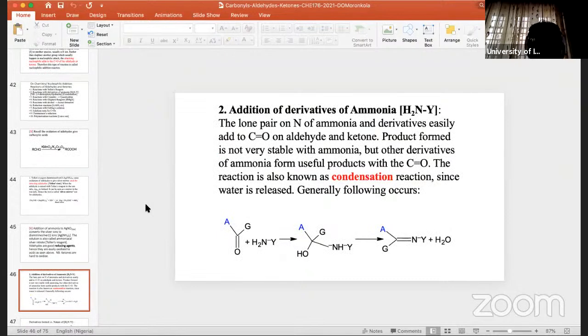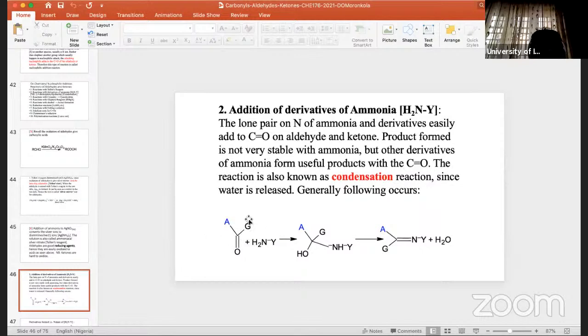Now, the condensation aspects, that is when you add derivatives of ammonia. Ammonia itself is NH3. And when one of the hydrogens is replaced by a Y group, I'm going to give you a range of what Y could be. The lone pair of electrons on the nitrogen of our ammonia and its derivatives easily adds up.